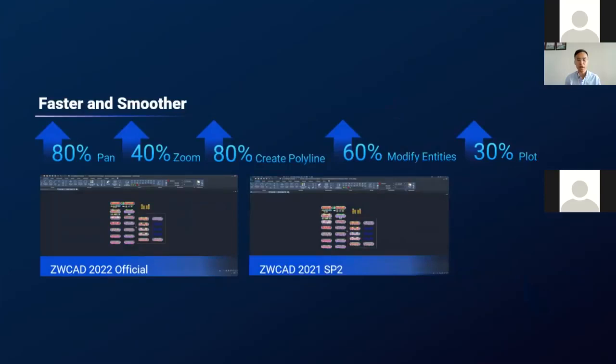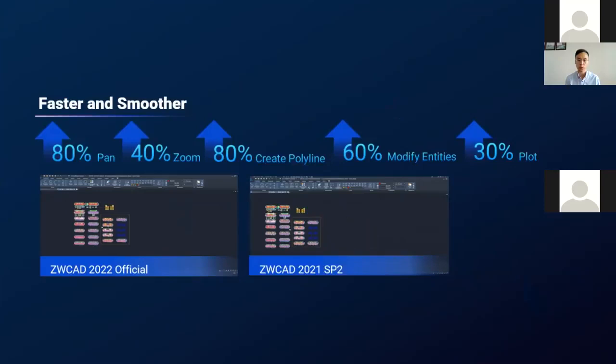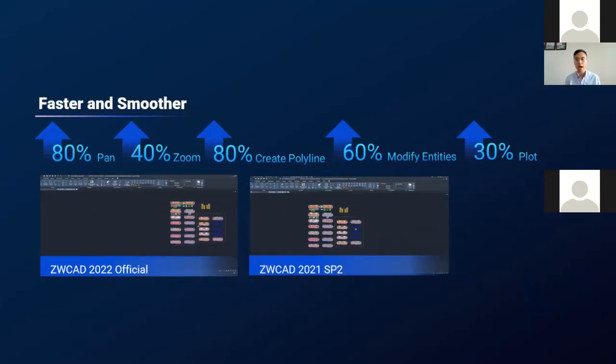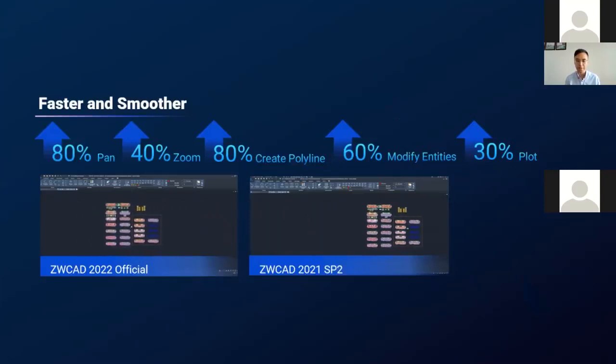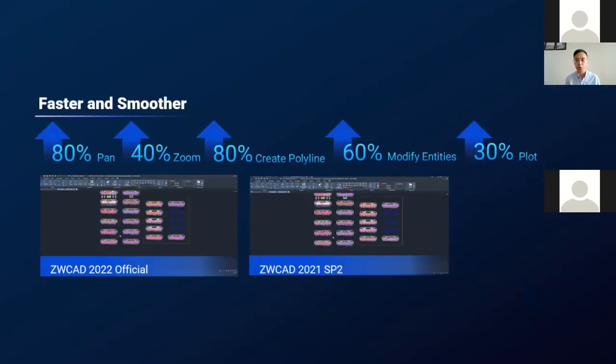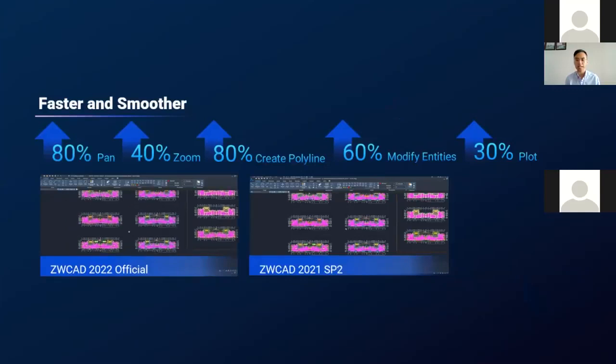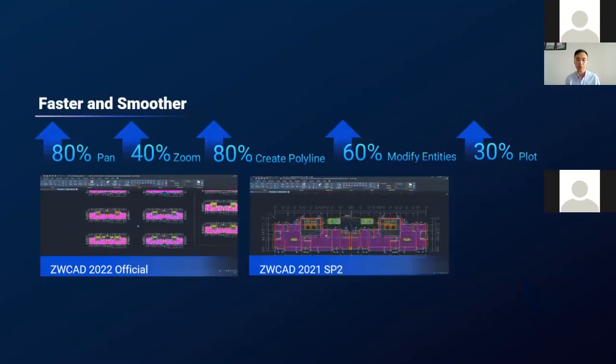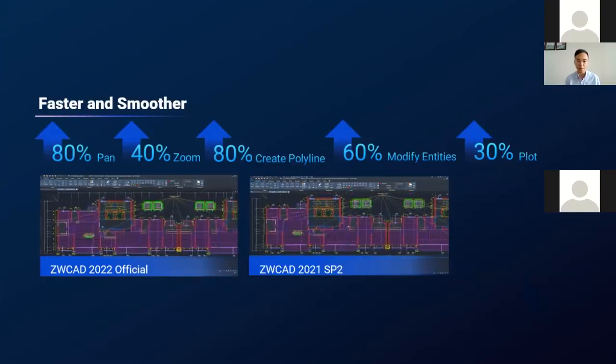Now you can see the comparison between the new version 2022 and the previous version. I hope the connection is good enough, and you can see the zoom in, zoom out, creating the polyline, and modifying entities, etc. are way faster and better than before.